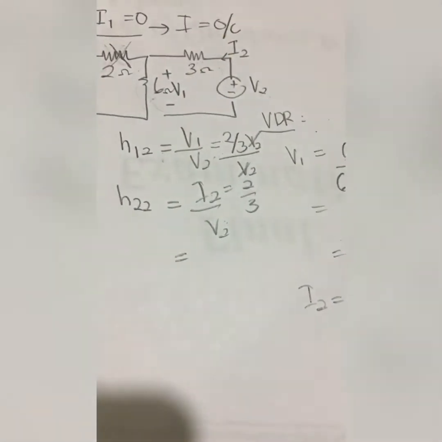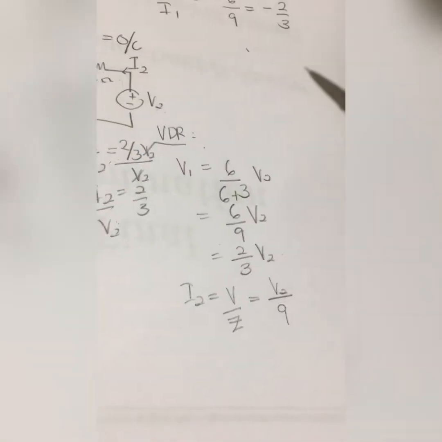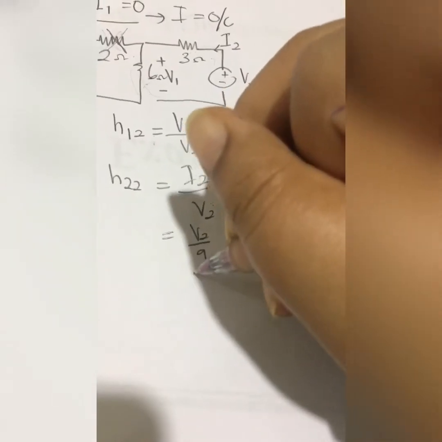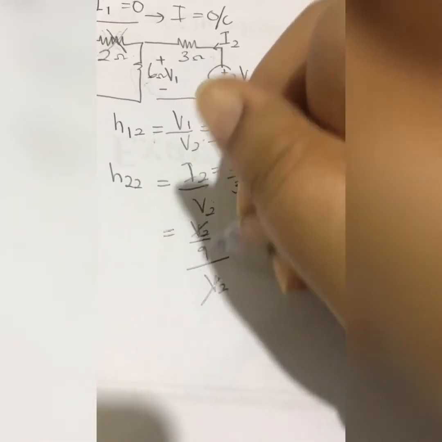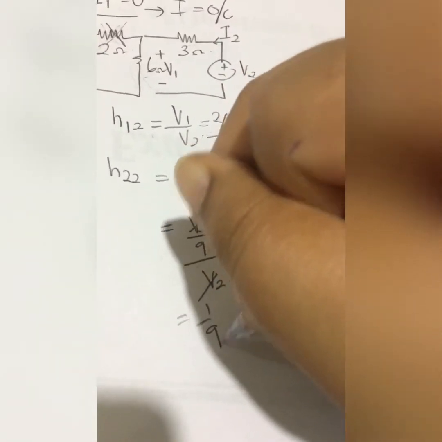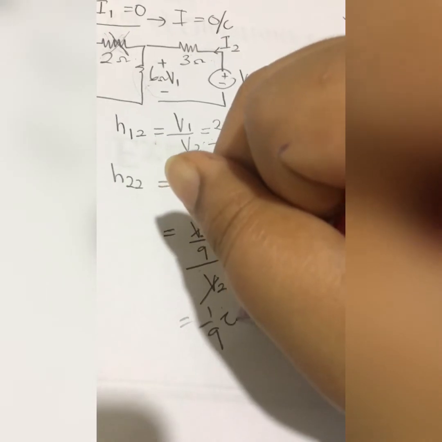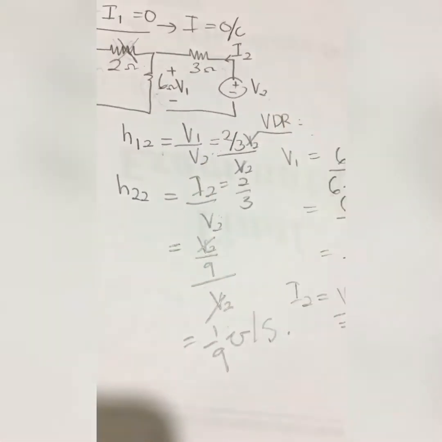Then next for H22, I2 divided by V2. So I2 is equal to V2 divided by 9. Then we divide with V2. So we get 1 over 9. And the unit will be mho, or S for this case.